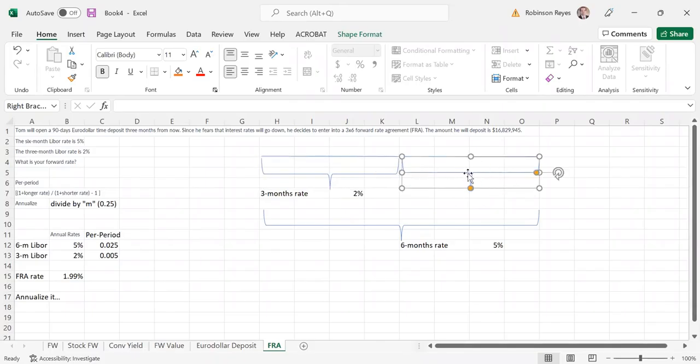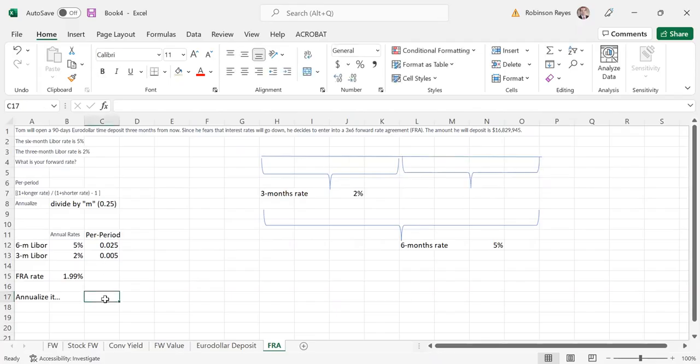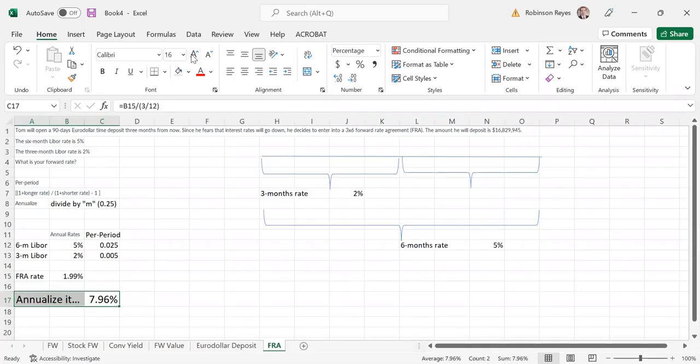So the period that corresponds to the solution will also be a 3 months rate, a quarterly rate. So in order to annualize it, we divide by 3 divided by 12, which is the same as 0.25, right? So there we go. Once we do that, we can format this as a percentage, and we end up with our solution, which is 7.96, and that is the solution to our problem.